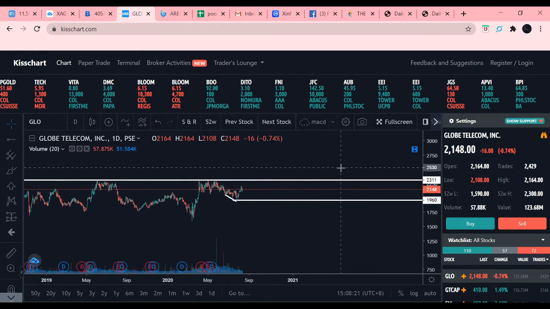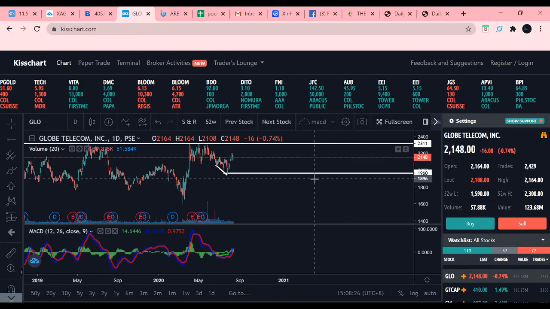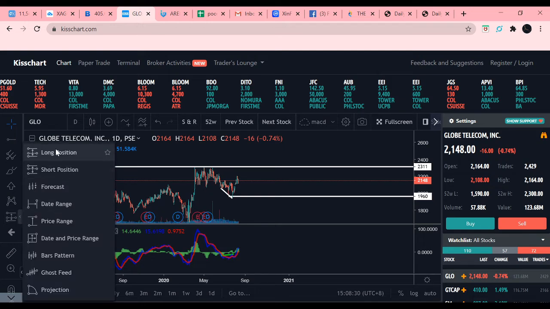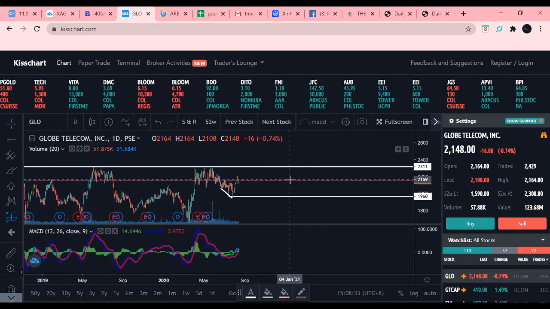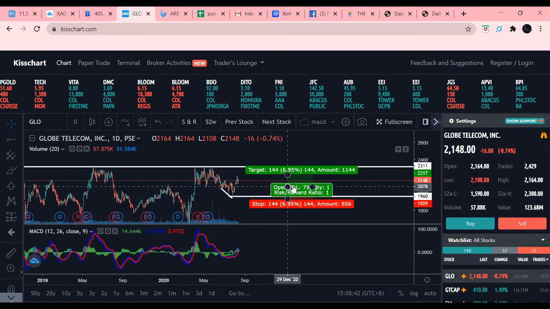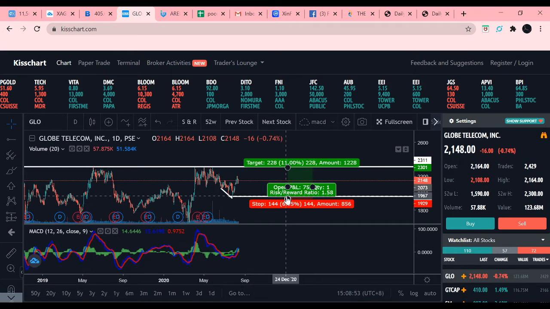Kung susukatin ko yung possible risk-reward nito, I think hindi na siya ganun ka-attractive pa. Medyo na late na ata ako ng pasok. Meron siyang gap down dito, so antayin ko na lang siya dyan, around the 2050. Mag-aantay muna ako.